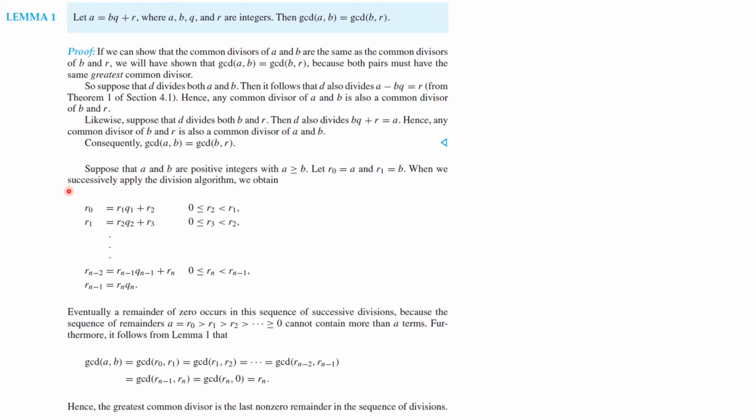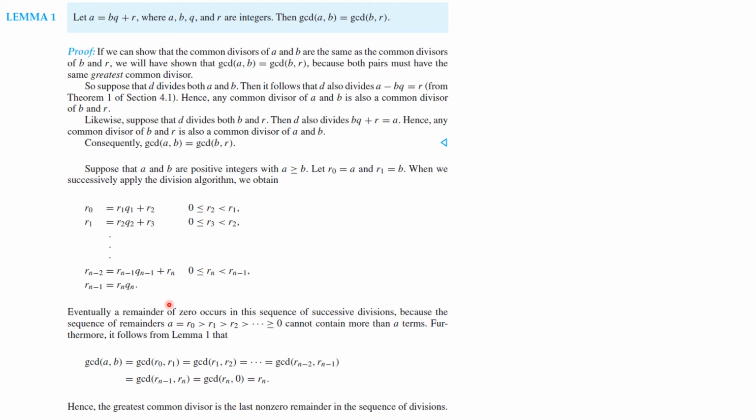So now what we do is we start with A and B, and we say that A is bigger than B, and we call that A. We divide it by B and take the remainder, and then you take R1 and you divide it by R2, and you get another remainder.